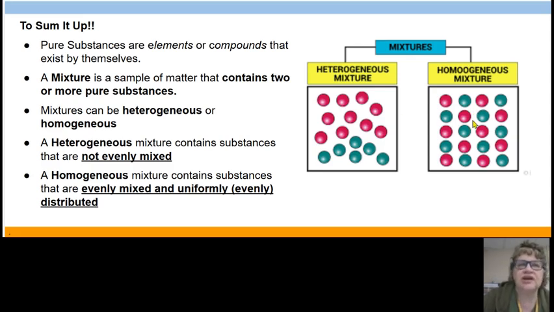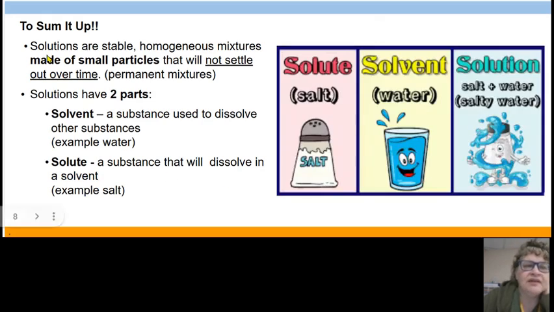Homogeneous, it's not that easy. Okay. All right. And then solutions are stable, homogeneous mixtures. Okay. It's important when you write these definitions that the solution has to be homogeneous. Okay. Made of small particles that will not settle over time. Again, this is very important.